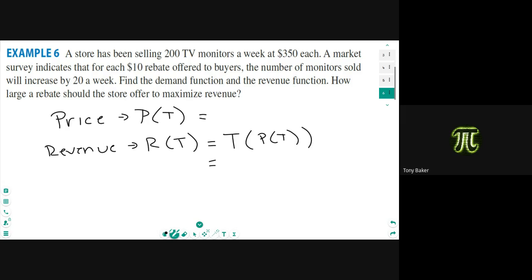Well, that will tell you how much they're making right now, for revenue. That's not going to tell you the price of the TV. But if you did find the revenue, that's a step in the right direction.